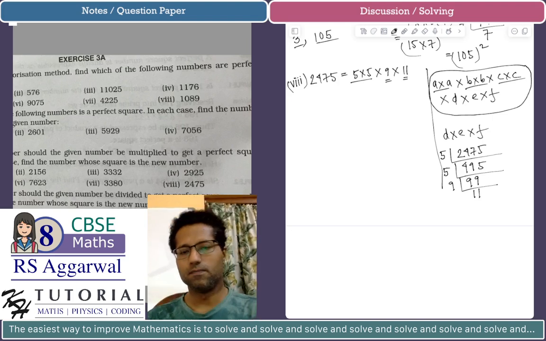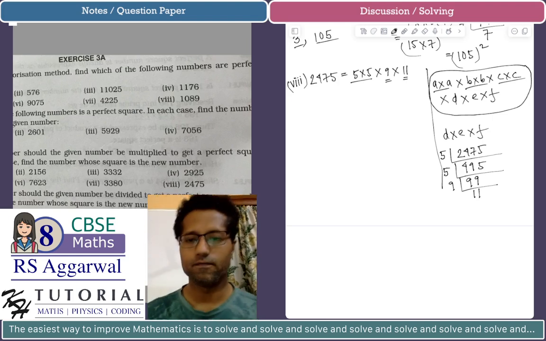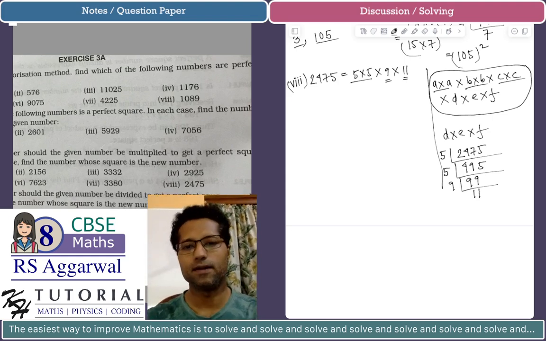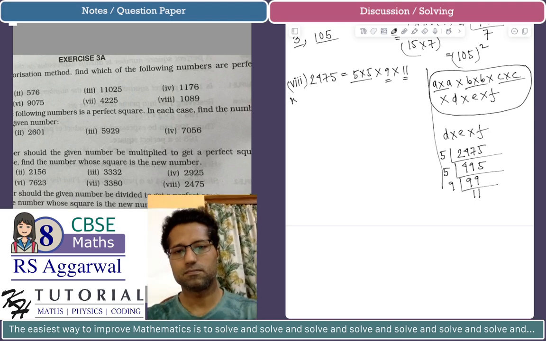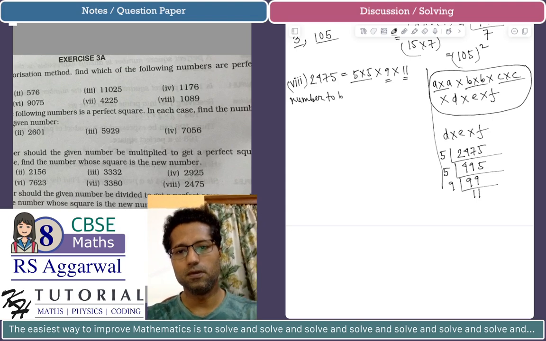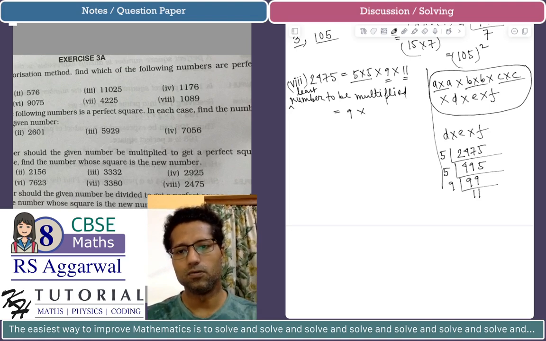So what is the number? What is the least number that we should multiply 2475 by, which will make it a perfect square? That number, please remember, this is the least number to be multiplied, is equal to 9 into 11, that is 99.